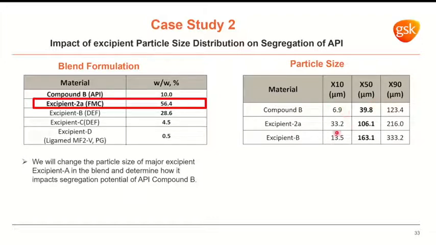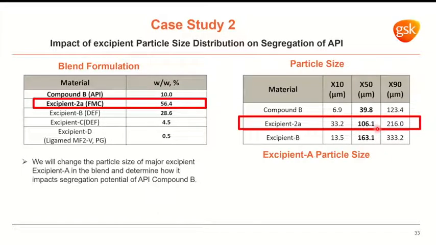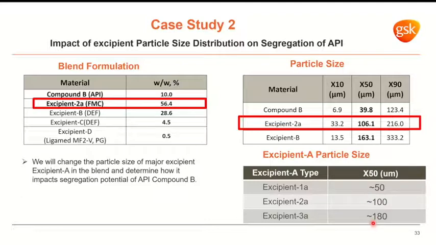Coming back to the particle size distribution, for excipient 2A the mean particle size is 106 micrometer, whereas compound B is only 39.8 micrometer in particle size. So you can see from here that compound B is smaller than excipient 2A. We decided to change the size of excipient 2A, and we used three different sizes.